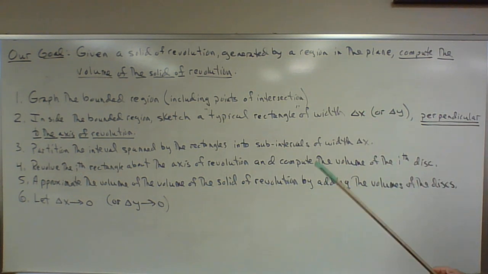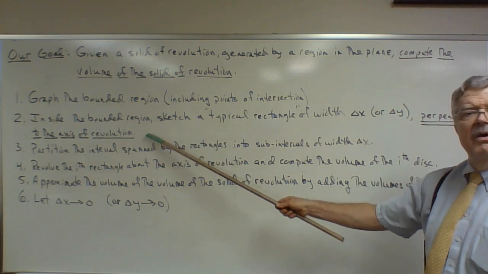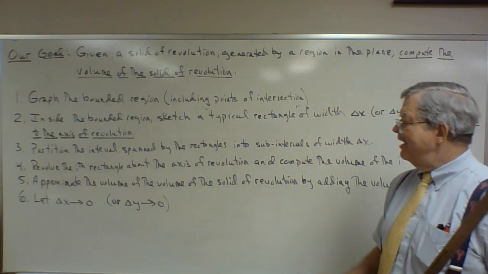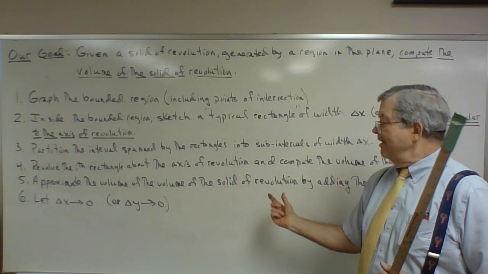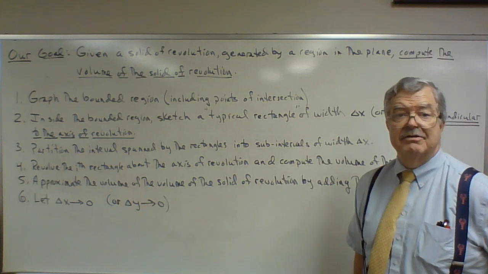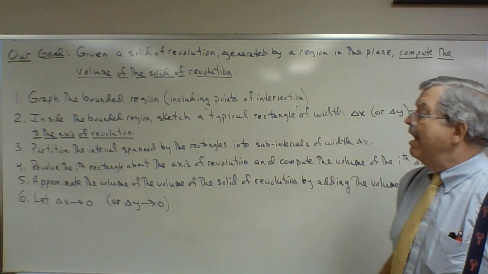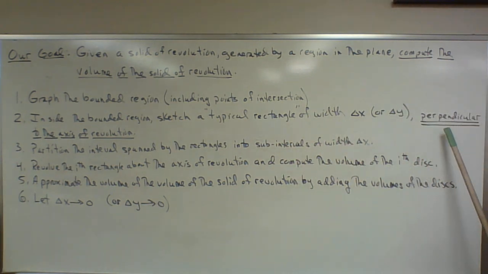And we do it in such a way that the rectangle is perpendicular to the axis of revolution. So remember when we were revolving about the x-axis? The rectangle was standing straight up and down, perpendicular to the x-axis. Our rectangles are going to be sketched perpendicular to the axis of revolution.